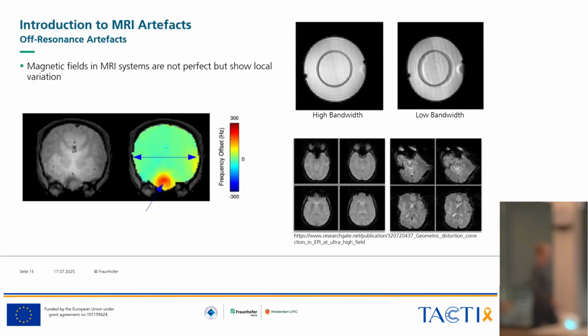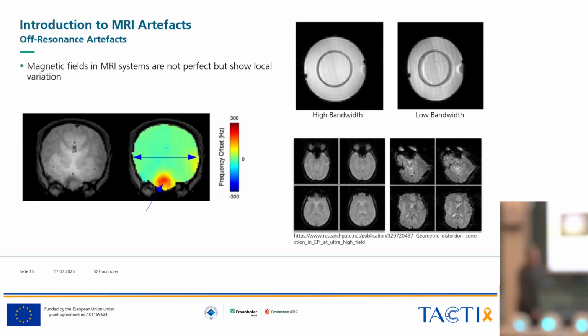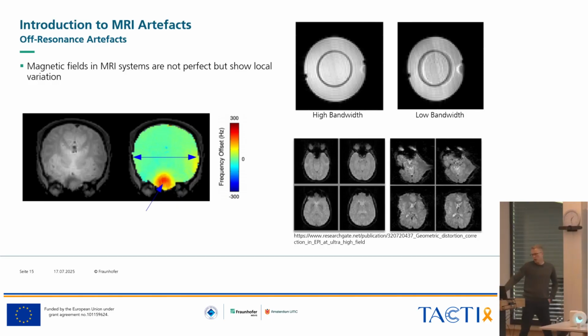This results in some deviations which are quite high and change rapidly, and there are also some slower changes in the magnetic field strength over larger areas of the object.